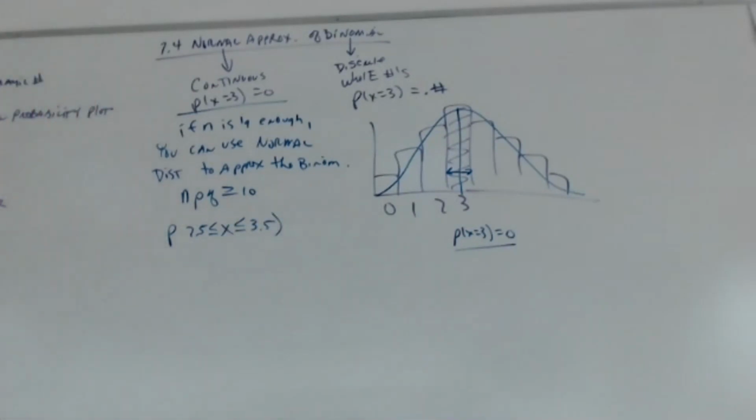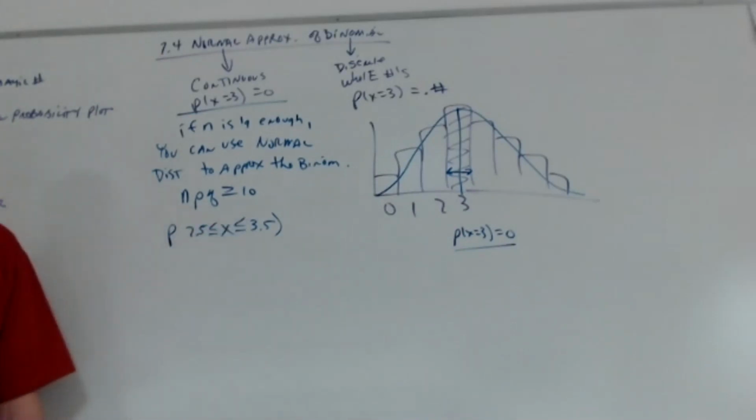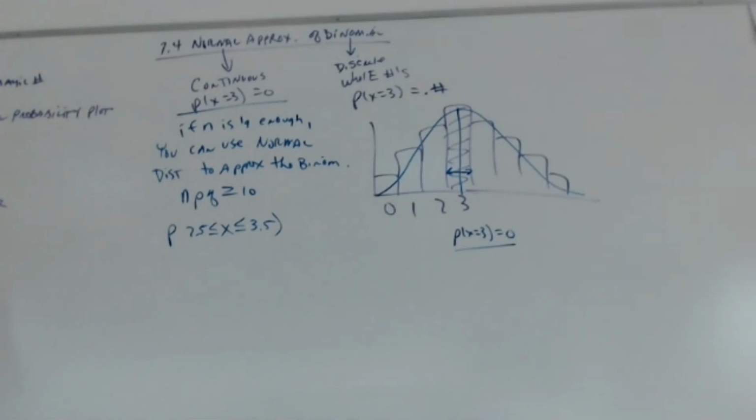Okay? Now notice I put some equals there. Does it matter if I put the equals on there? No, it doesn't. Why does it not matter? What's the probability that x equals 2.5 under the normal distribution? It's 0. What's the probability that x equals 3.5 under the normal distribution? 0.